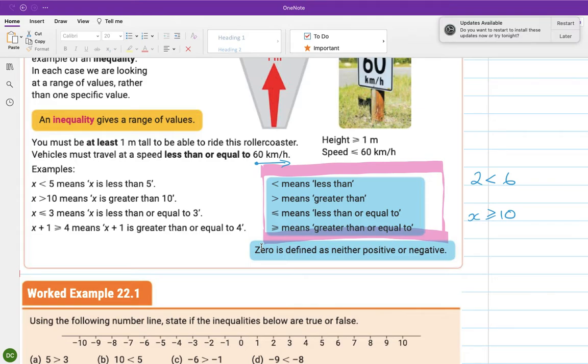And if you had something like this, again, you would read it from the variable, so it would be x is greater than 11. Do you know what I mean? When I teach this to you, I would teach you to always bring the x to the left. When we do equations, we can bring the x to the left or the right, we just have to isolate it.